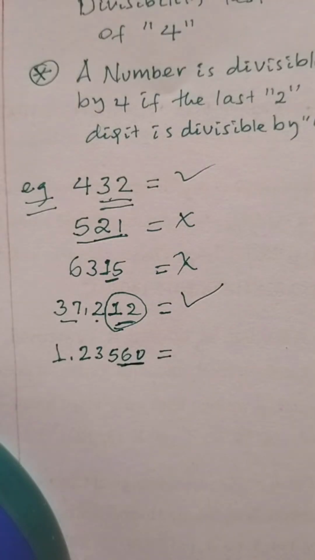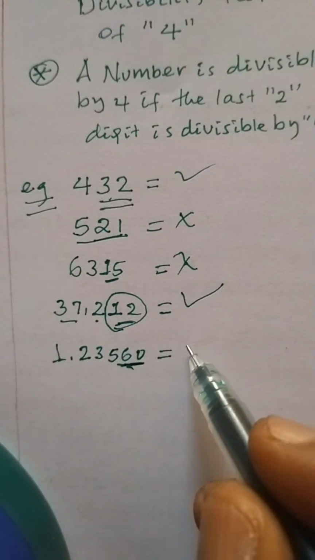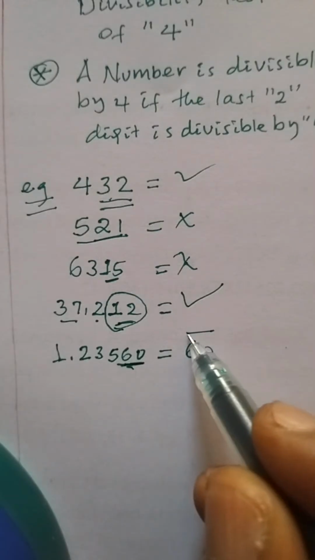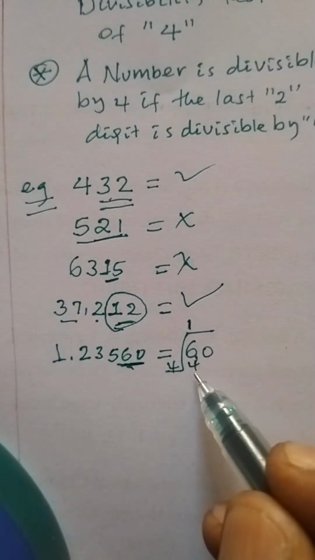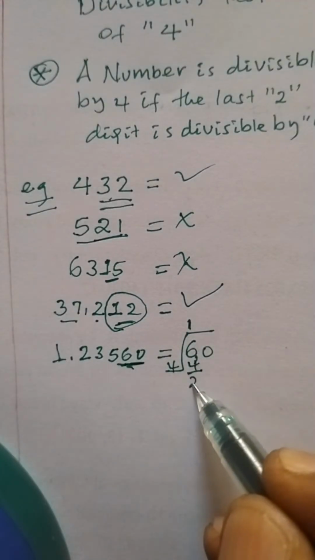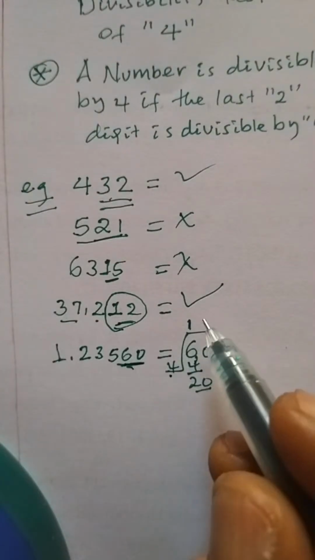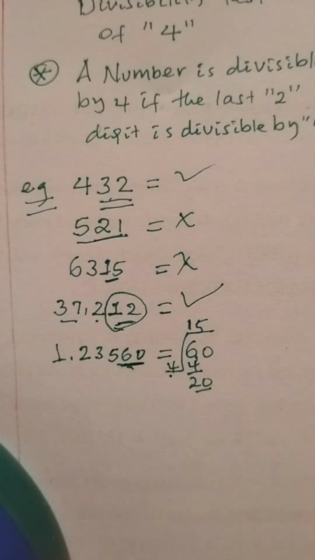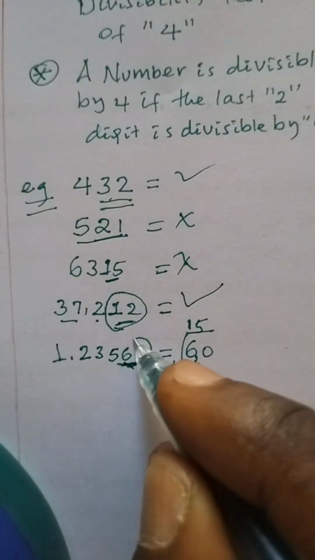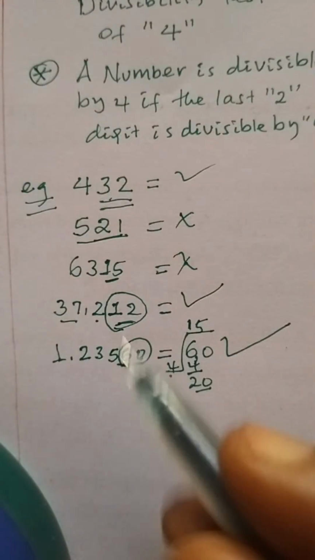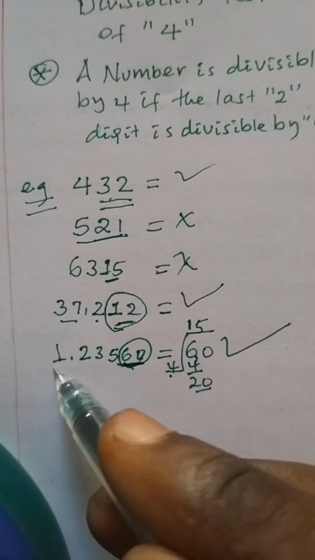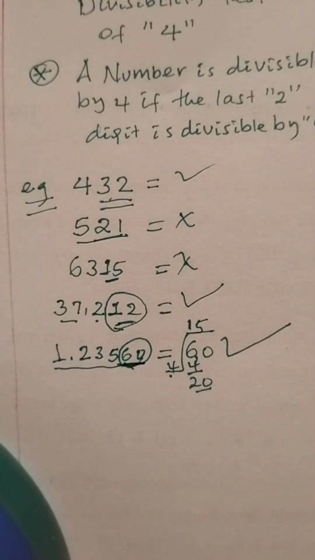So check whether 60 is divisible by 4. To check, 6 divided by 4... here 2, 20. 20 is divisible by 4, 5. Okay, since 60 is divisible by 4, this number is also divisible by 4.